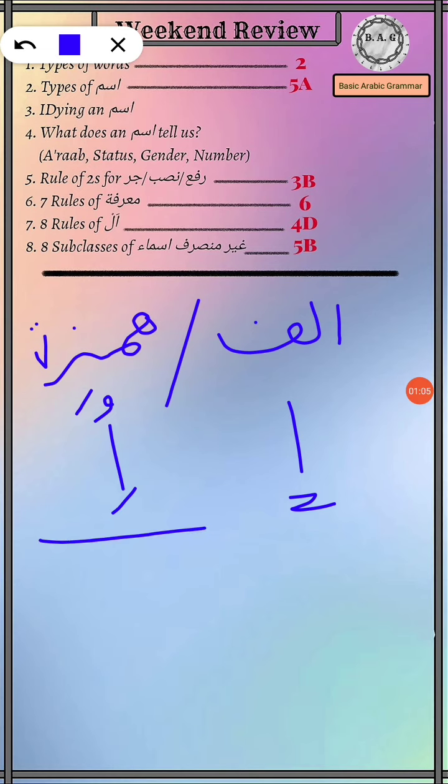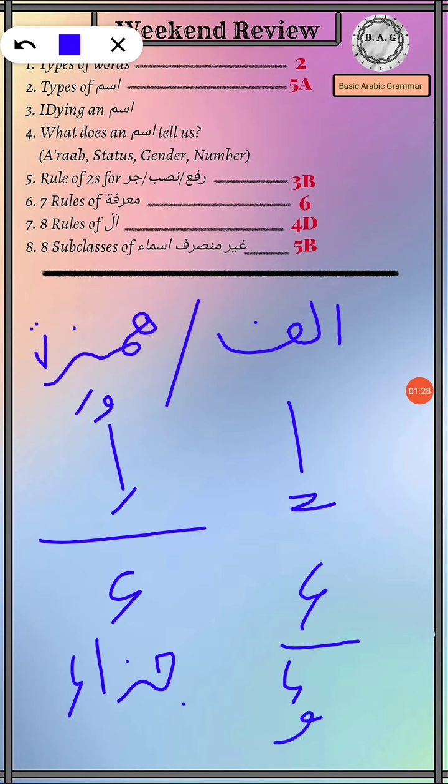Besides, we also covered that this letter hamza may either exist on its own, alright, for example, in jaza'un, or it could have some chair, alright. So for example, it could be on top of wow, or it could be on top of another letter, alright.